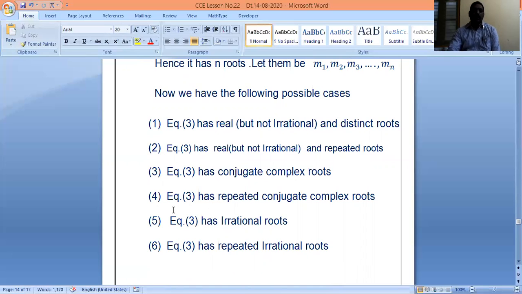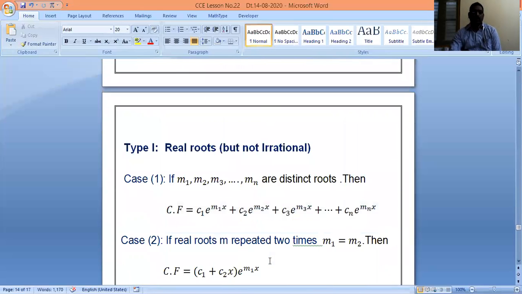Number 4, equation 3 has repeated conjugate complex roots. Number 5, equation 3 has irrational roots. Number 6, equation 3 has repeated irrational roots. Now type 1, real roots but not irrational.